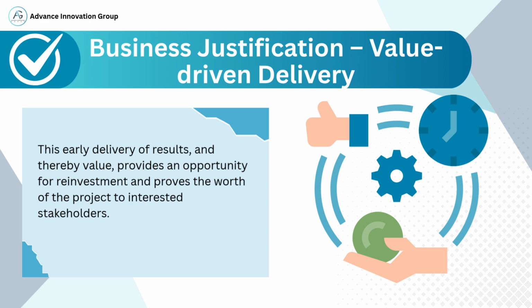This early delivery of results brings real value early in the process, allowing the organization to gain quick feedback, reduce risks, and adapt as needed. An important benefit is that this early value delivery provides an opportunity for reinvestment into the project and demonstrates the project's worth to stakeholders, keeping their confidence and support strong.